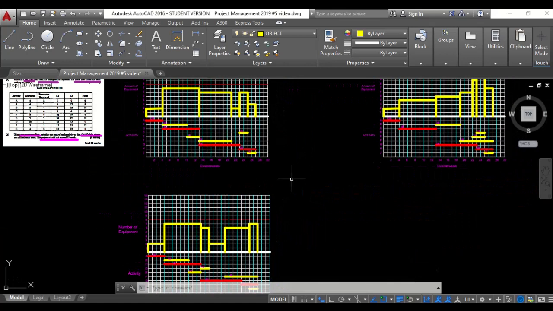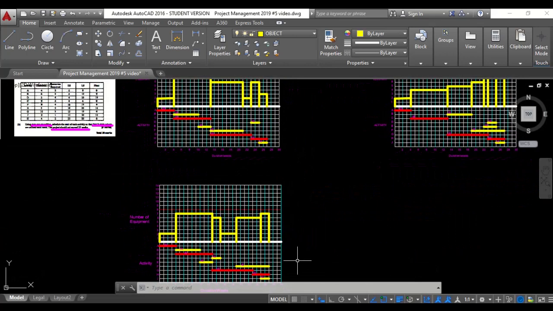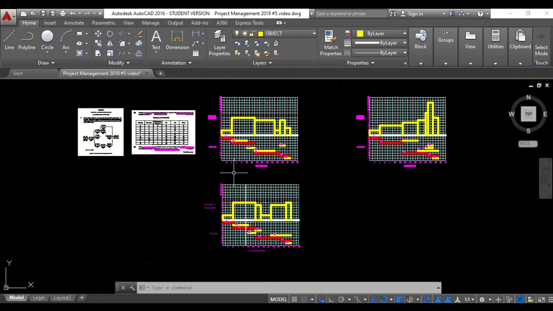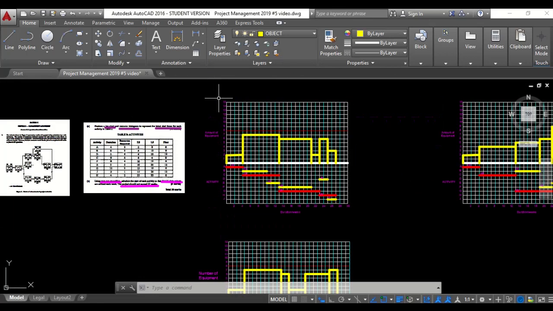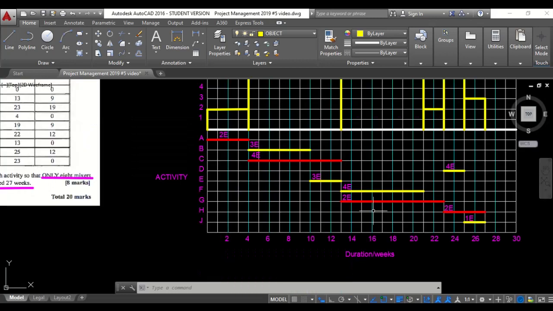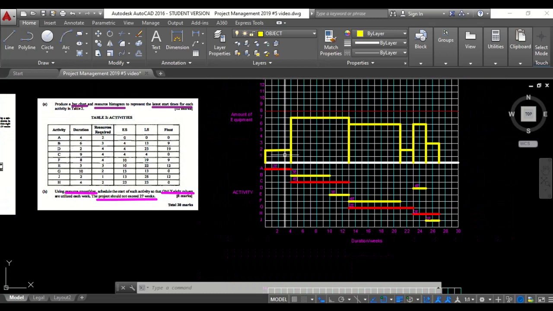They both met the criteria of remaining within the constraint, and they were accurately depicting the different scheduling. So there are more than one ways to get to Kingston, as persons would normally say. So don't feel like this is the only way that you could have produced a solution for this question.